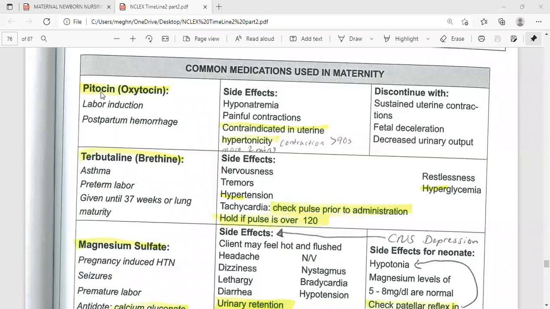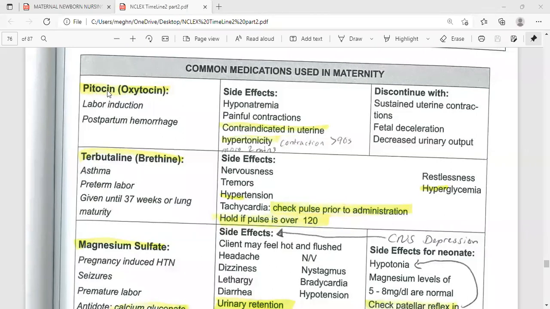Pitone is a derivative of oxytocin, a naturally occurring hormone in the body. And pitone we use to induce or speed up the labor and contraction.